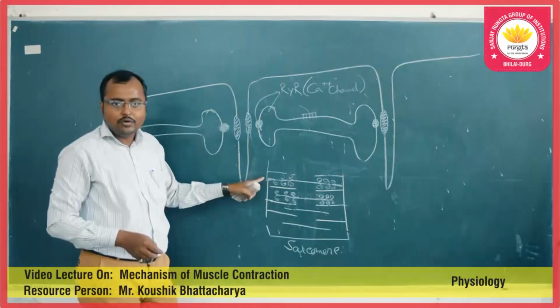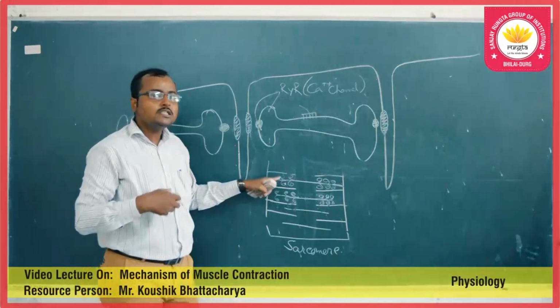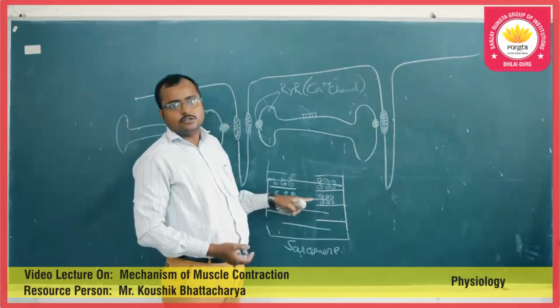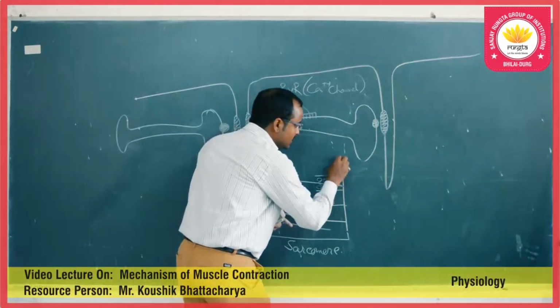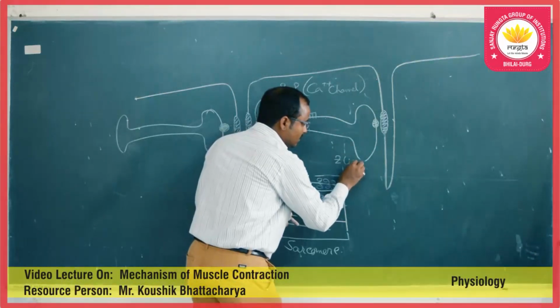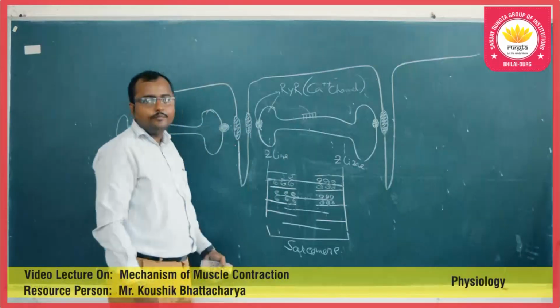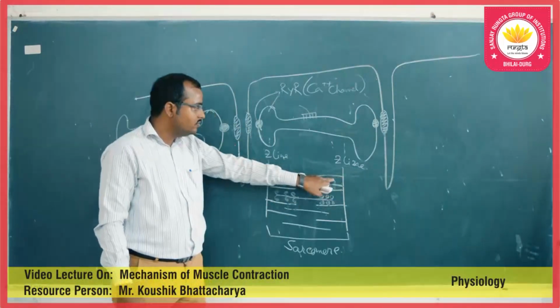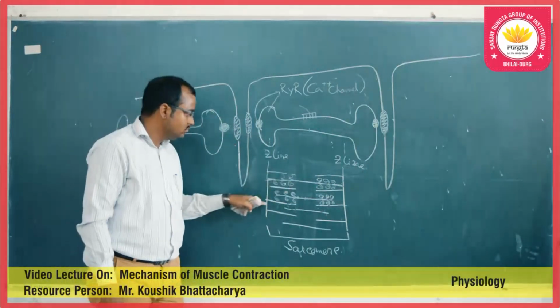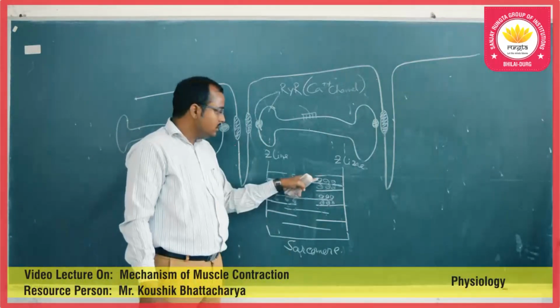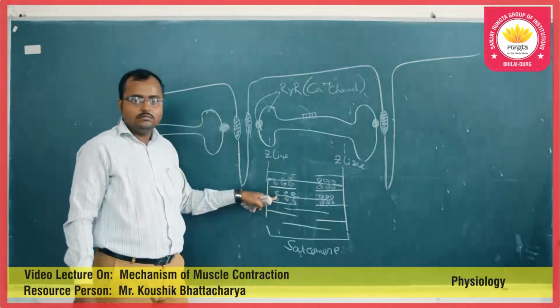The titin protein will help to hold the myosin fibers with the Z-line structure. So this was the Z line. Right? So actin was travelling towards the center. Now these are the myosin structures.